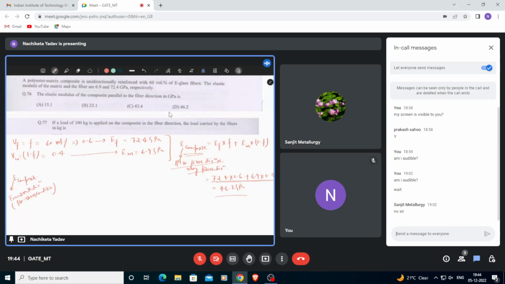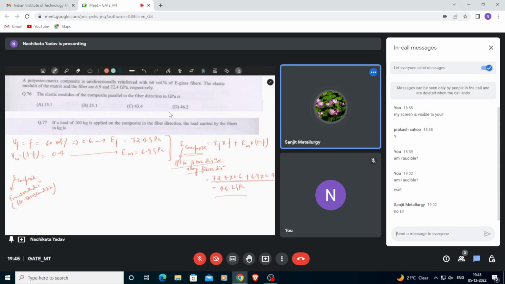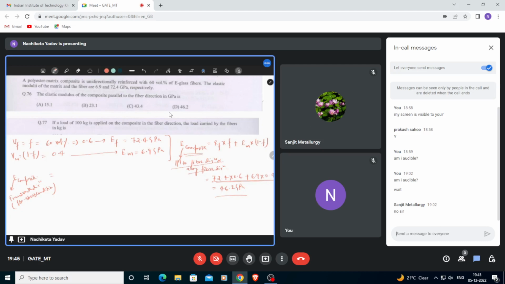I have already proved this equation in previous classes. You can go and check Callister. So 1 by E composite equals 1 minus VF, the volume fraction of matrix, by E matrix plus volume fraction of fiber by EF. If you put values from here, you can calculate EC in this condition.